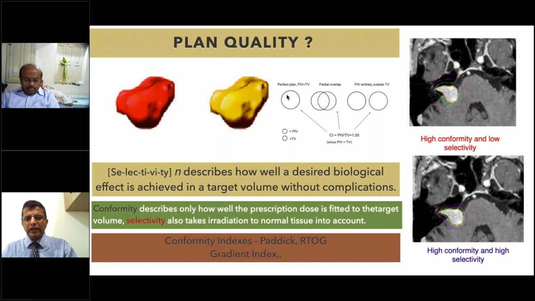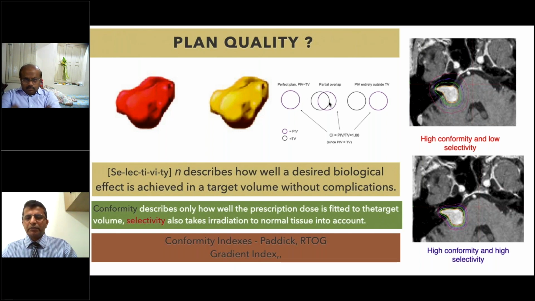So you can see here, this is the prescription isodose volume, and this is the target volume. If it is covering 100%, the conformity index is equal to 1. Here you can see that is the perfect plan.